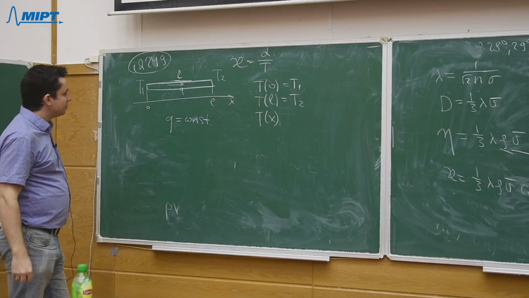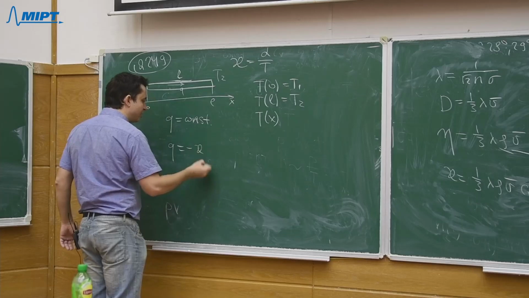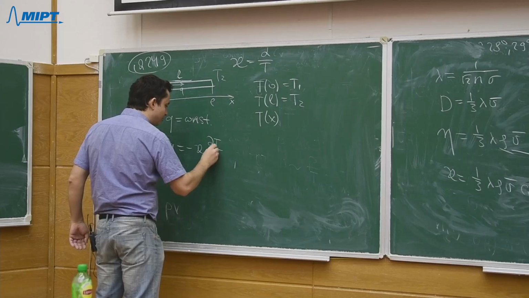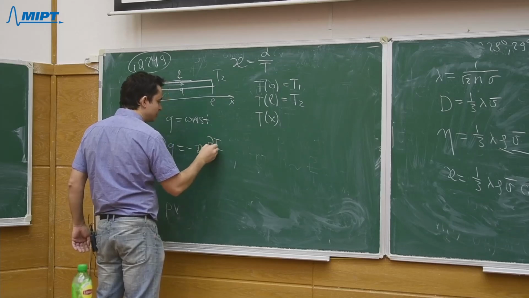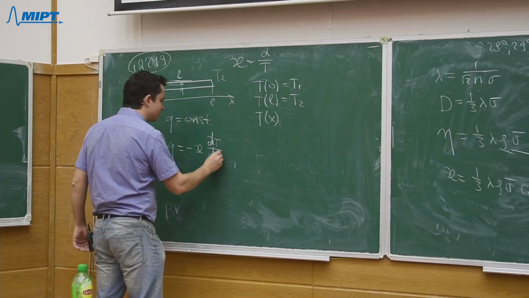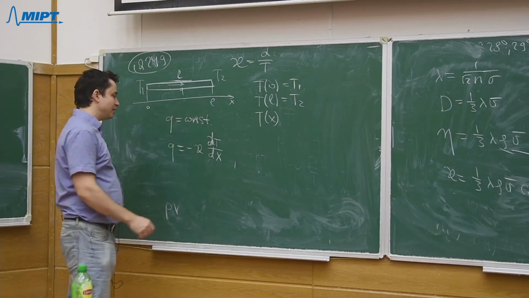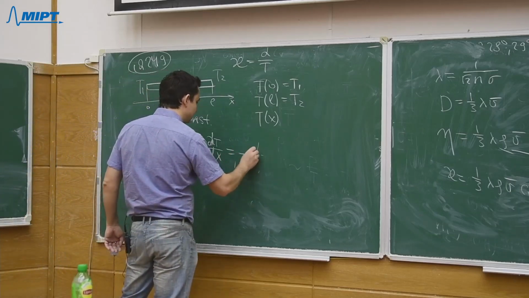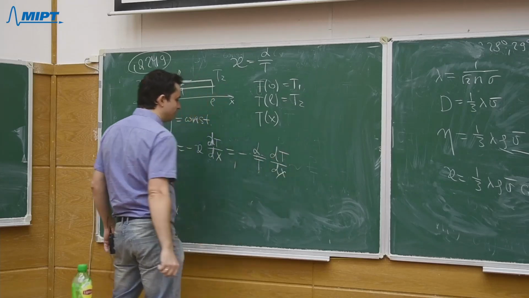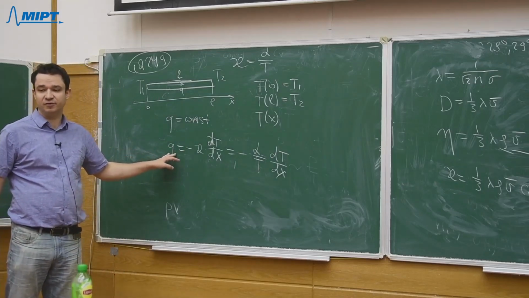So that heat flow by Fourier's law is actually kappa multiplied by the derivative dT over dx, since now we don't deal with T as a function of time. And well, we know that kappa is dependent on temperature, so I can write that this is minus alpha over T multiplied by dT over dx. And that's constant. So let's call it Q. So Q is the heat flow and it's constant.